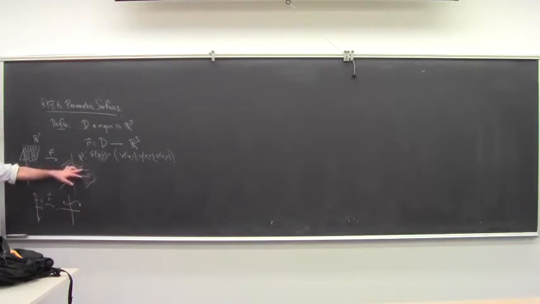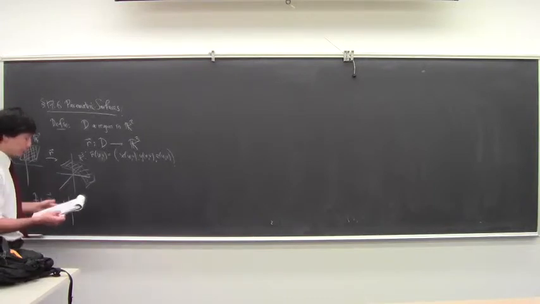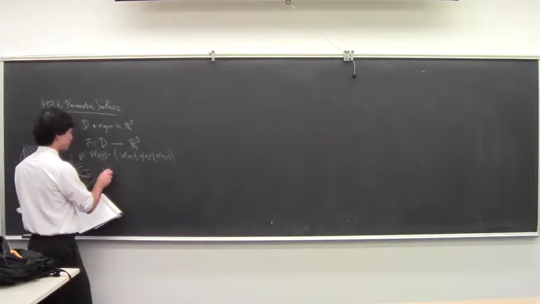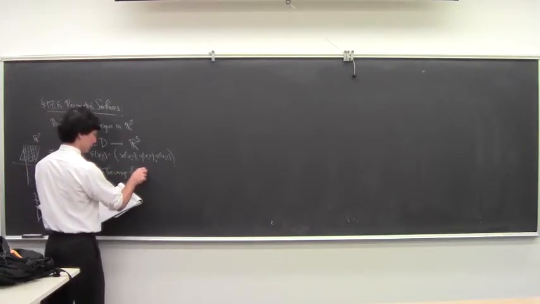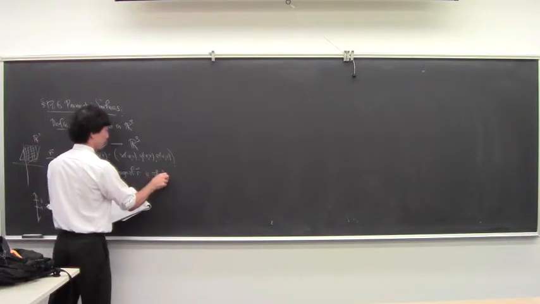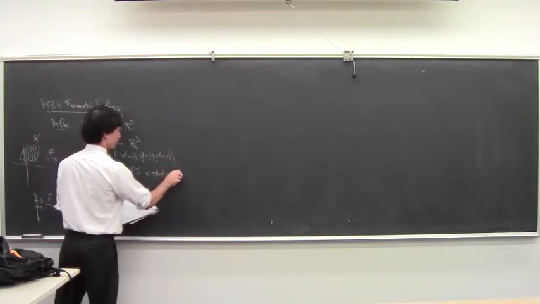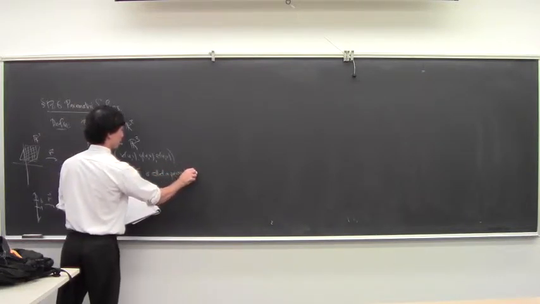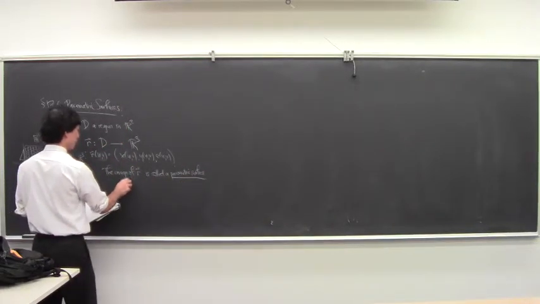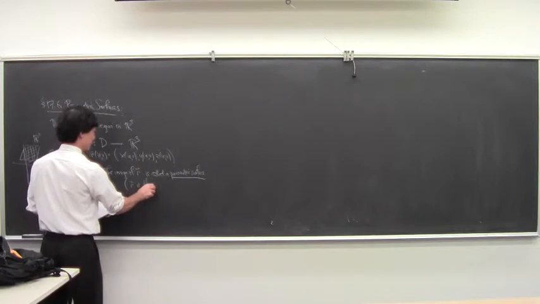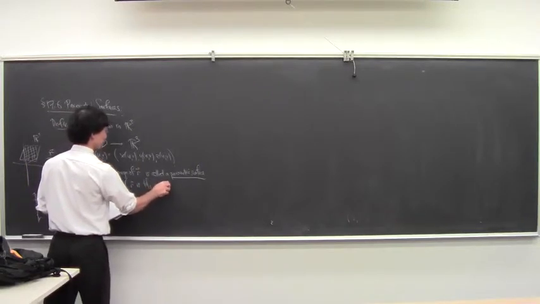Here, this thing is the parametrized surface. Okay, so it's just one step up. So the image of R is called a parametric surface. Or another way of saying that is that R is the parametrization of that surface.